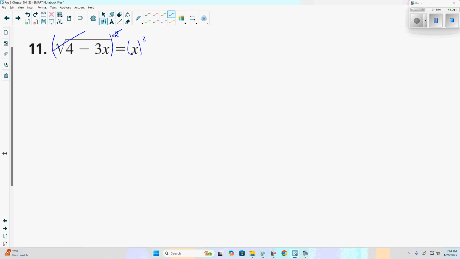And luckily for us here on the left side, the square root and square cancel, giving us 4 minus 3x equals, well, x squared is x squared. Now at this point here, we need to get this equation equal to 0, yes? What can we do first? Plus 3x.